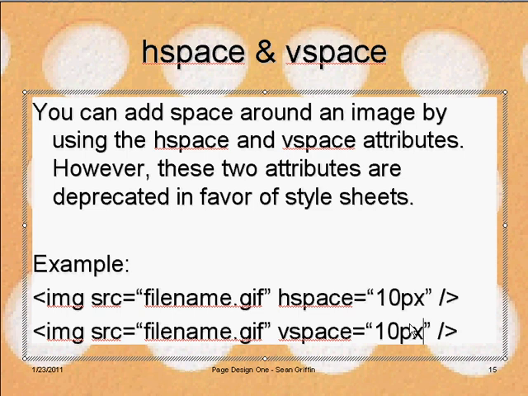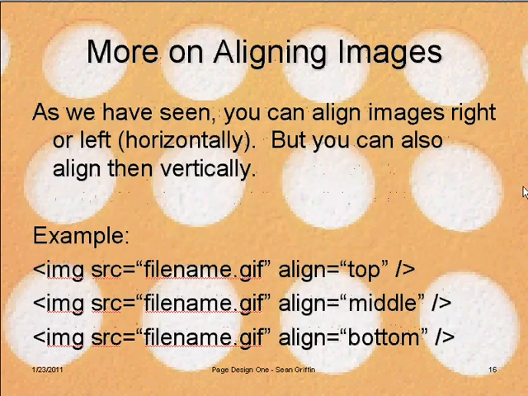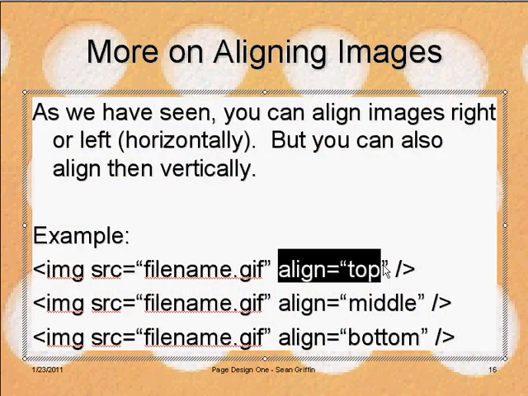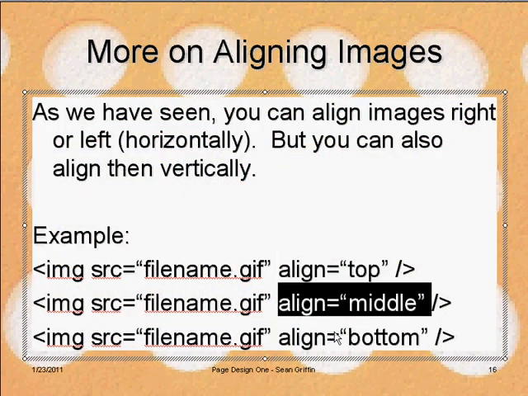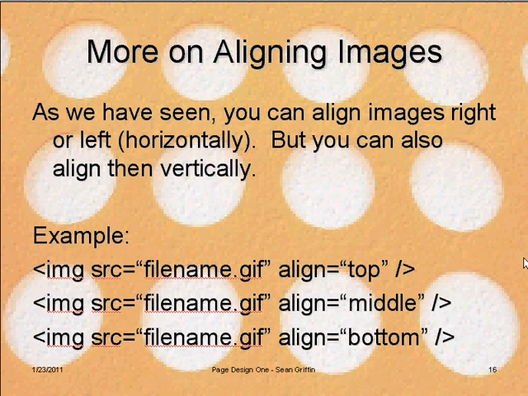We don't do this anymore because we have margins and padding, and those are something that we'll learn about when we look at cascading style sheet code. You can also use align top, align middle, and align bottom in the past, but again, we don't use those in favor of cascading style sheet code.